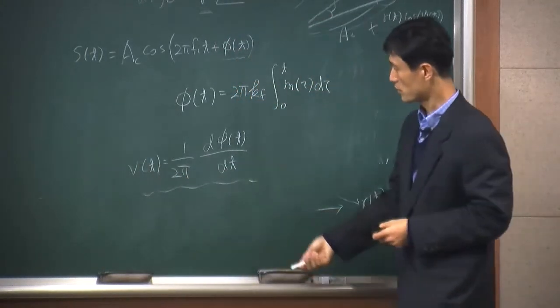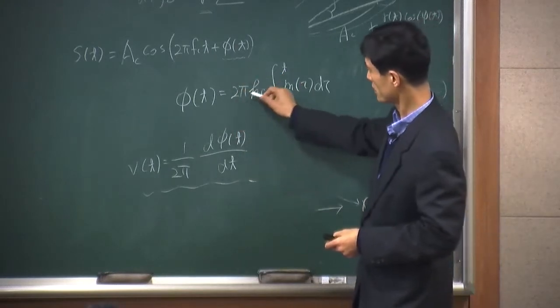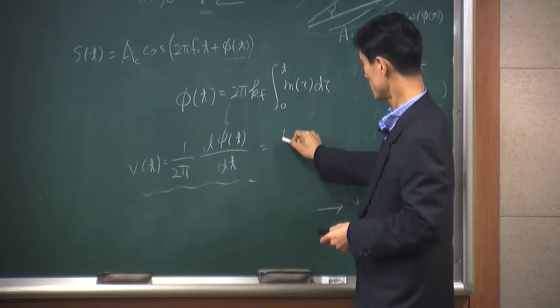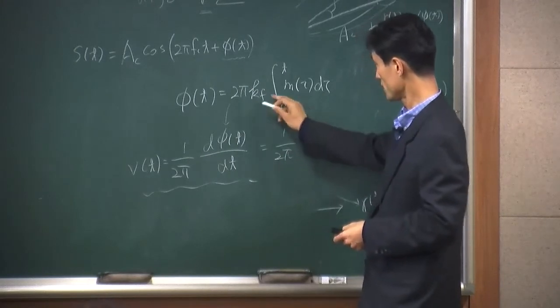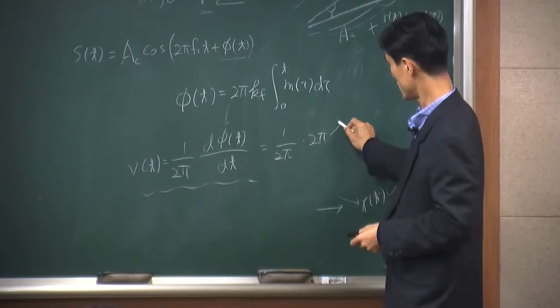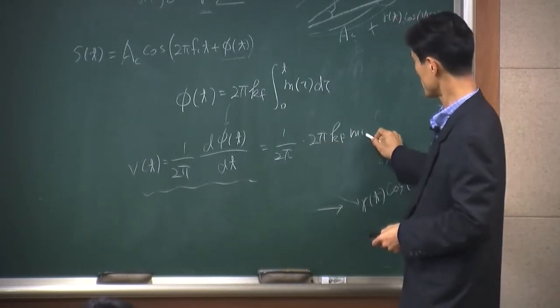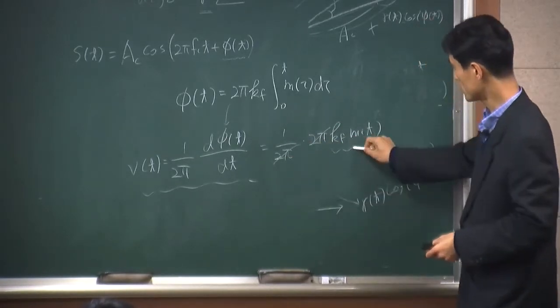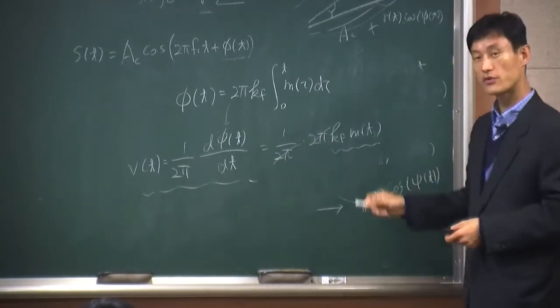That's how you recover the message. Because once you take a derivative of this one, you're going to get 2 pi kf and mt. So the 2 pi cancel out, and you're going to get this one. So that's how you recover the message.